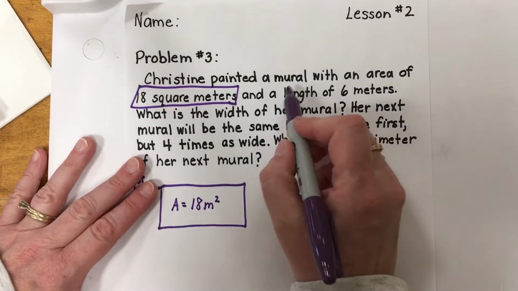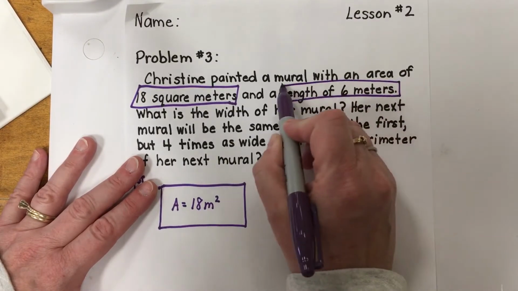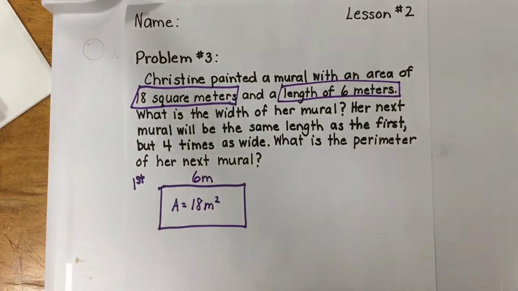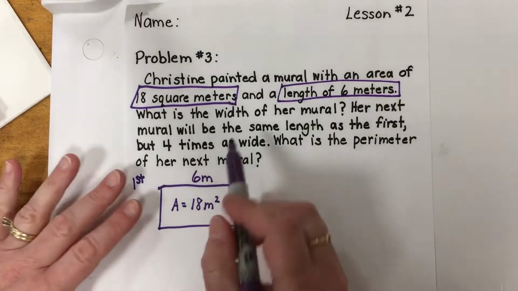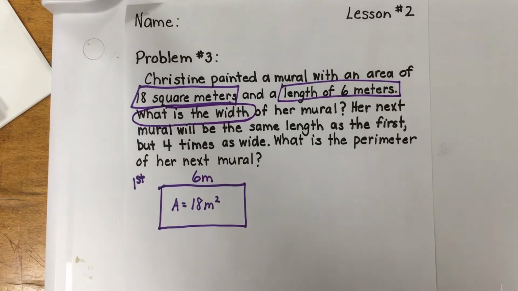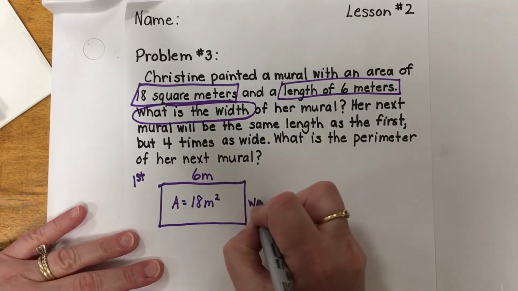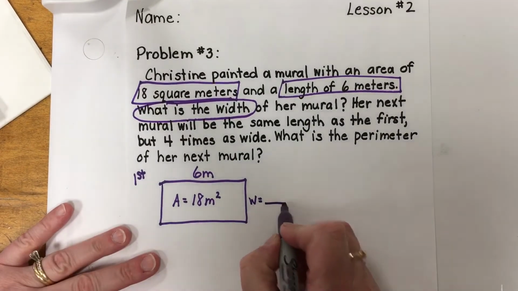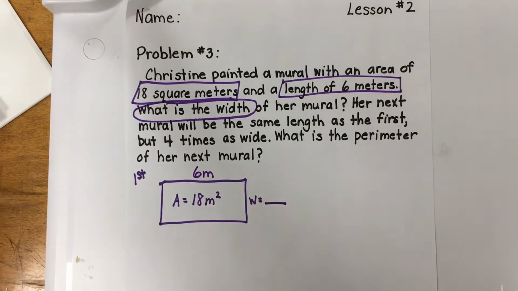We also know that it has a length of 6 meters. So I'm going to label that. It wants to know what is the width of her mural. So that's what we're looking for. W equals what? Now this is where the formulas come in.